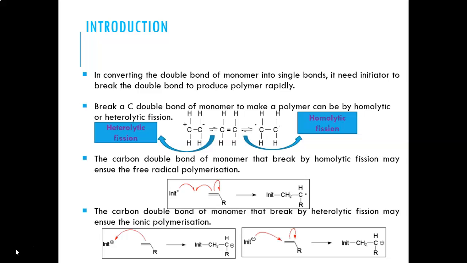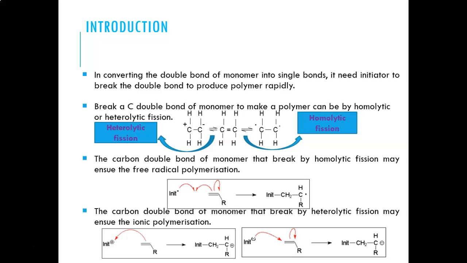In chain growth polymerization, breaking the carbon double bond of the monomer to make a polymer can be by homolytic or heterolytic fission. Heterolytic fission, also known as heterolysis, is a type of bond fission in which a covalent bond between two chemical species is broken in an unequal manner, resulting in the bond pair of electrons being retained by one of the chemical species.